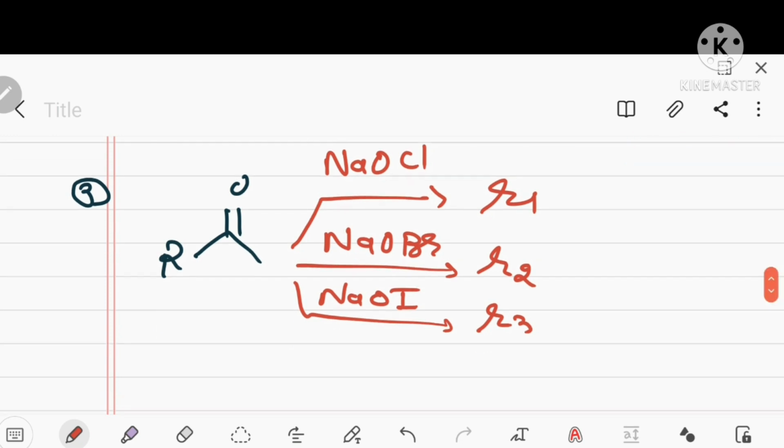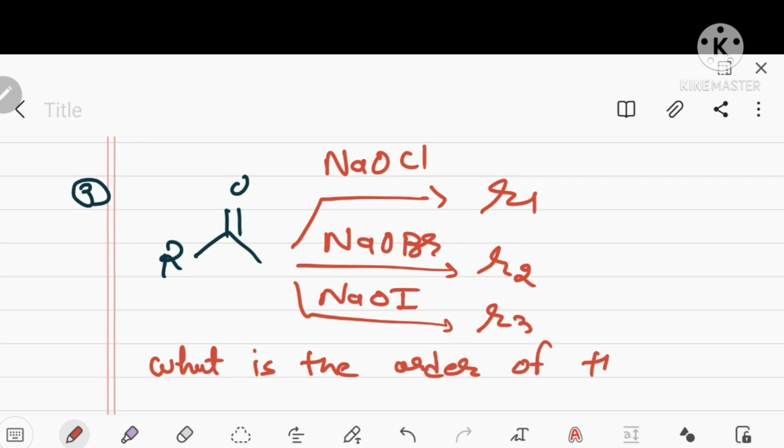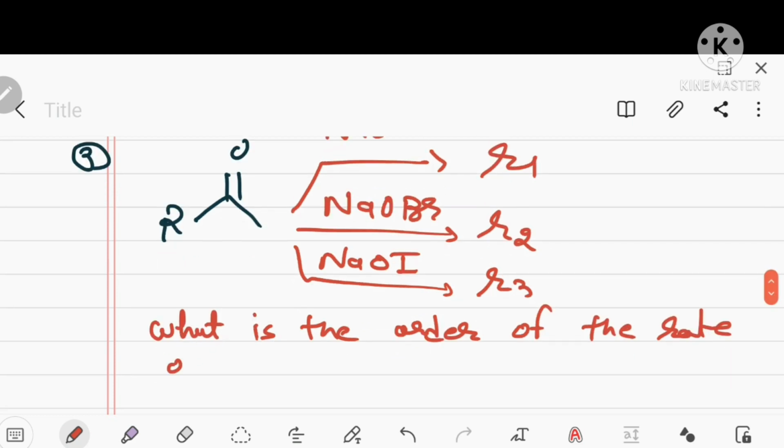Now you should decide the order of the rate of reaction. You can pause and decide your answer.